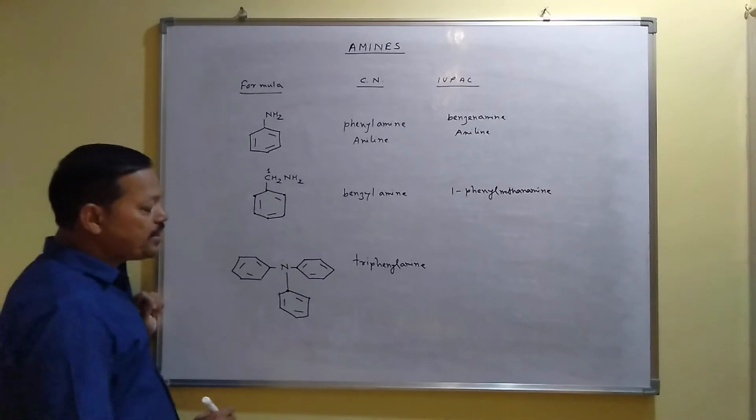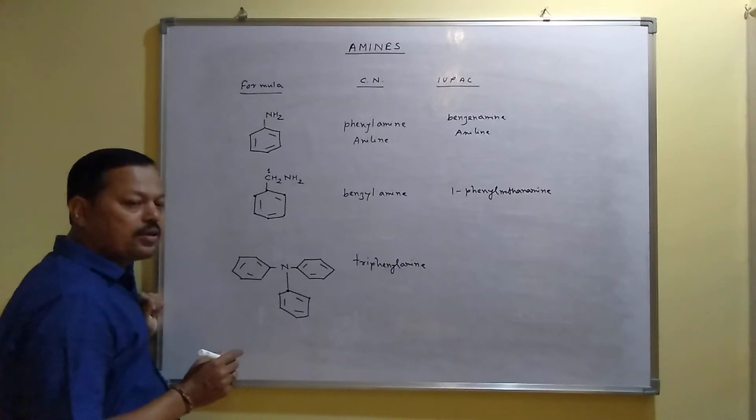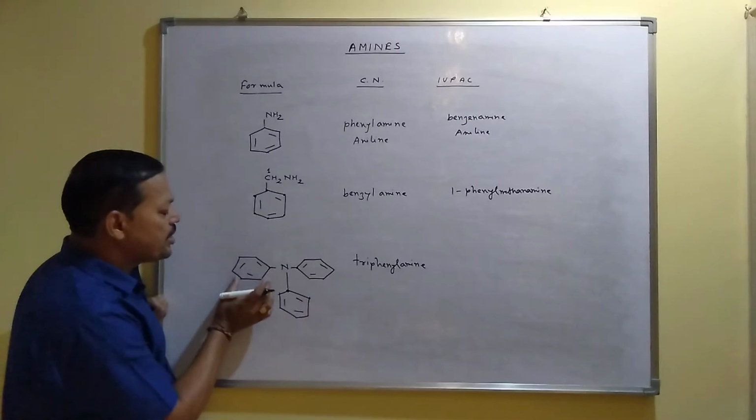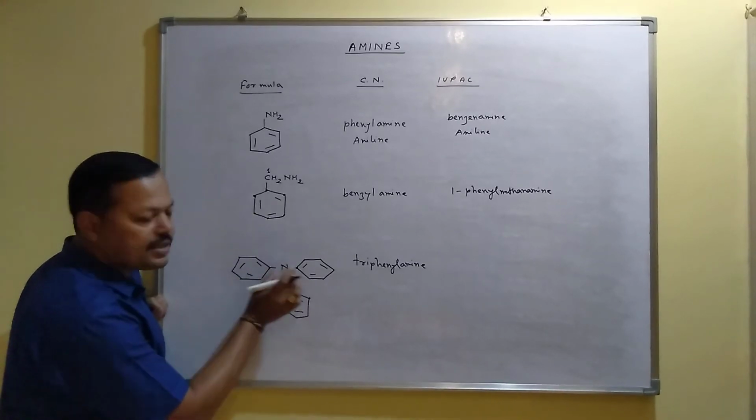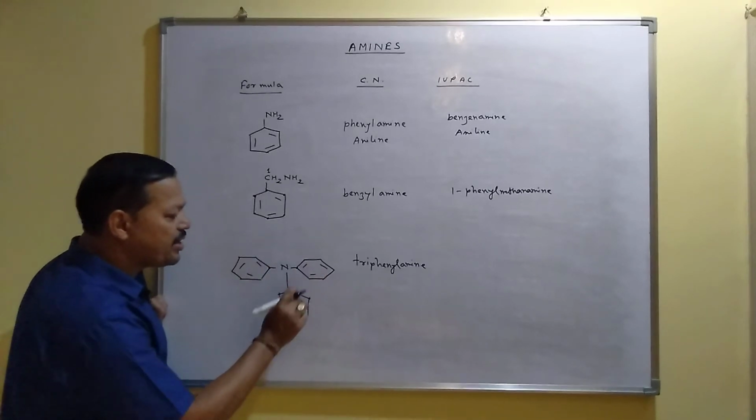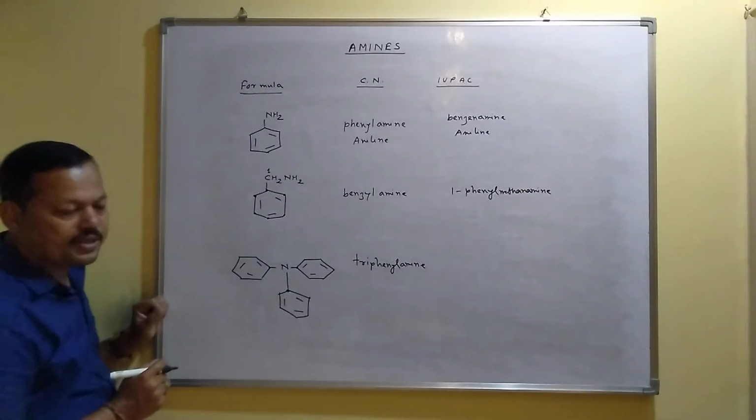And for the IUPAC name, one of the benzene rings you have to consider as the main chain. So this is benzene plus amine, the name will be benzeneamine, and the other benzene rings you have to consider as branches.